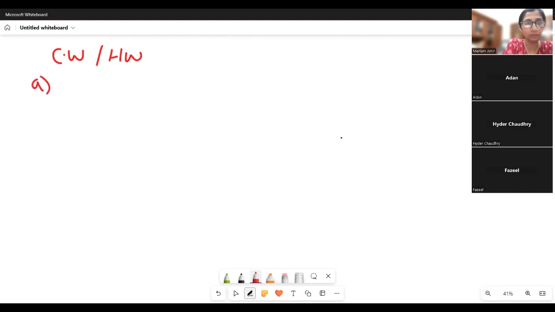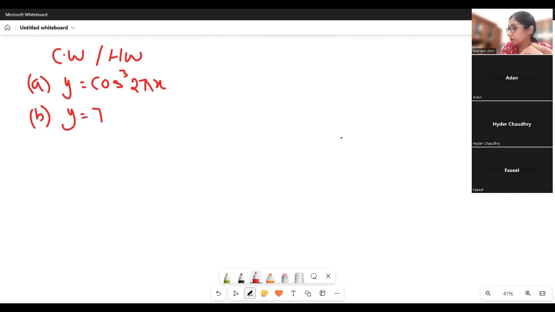Part A is y equal cos cube 2 pi x. Part B is seven cos 2x cubed.